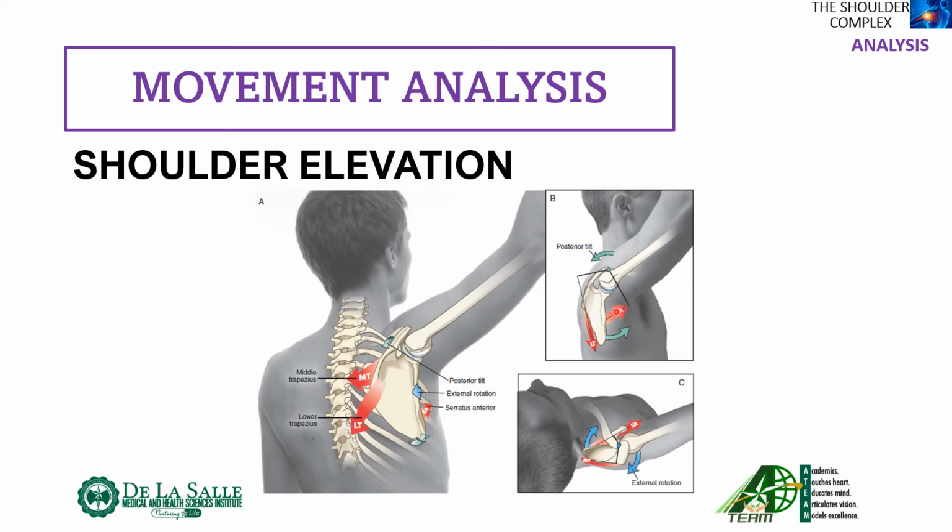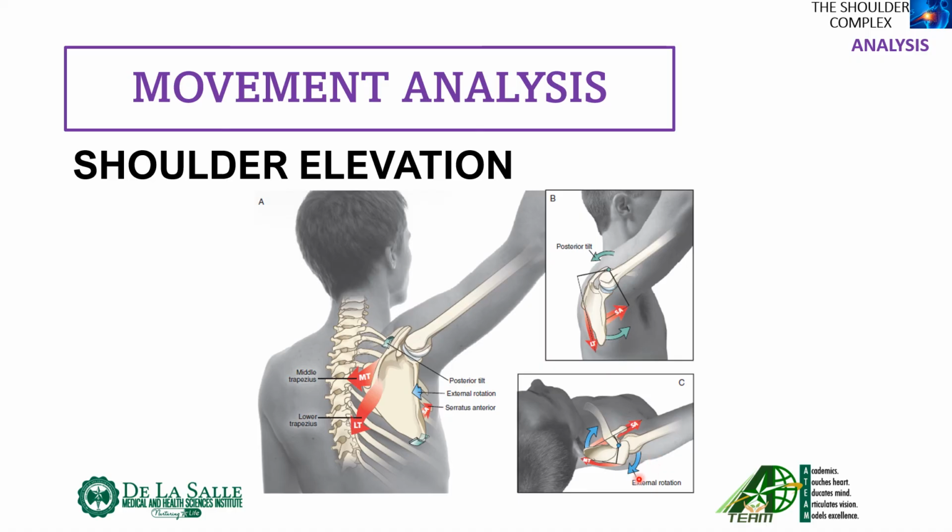Again, serratus anterior pulls the scapula anteriorly and laterally, while the lower trapezius pulls the scapula inferiorly and will now result to posterior tilting of the scapula in the acromioclavicular joint, while the scapula is upwardly rotating at the scapulothoracic joint during shoulder elevation.